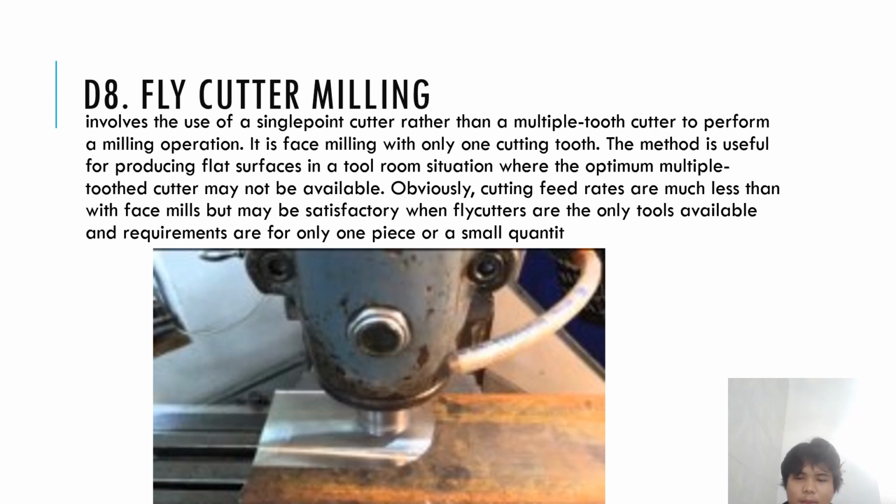You lock the cutter so hard so it doesn't move when cutting. This is the working. Look, the previous work part surface is not clean, like rusty. After the fly cutter milling, the work part surface becomes clean and it's ready to use.